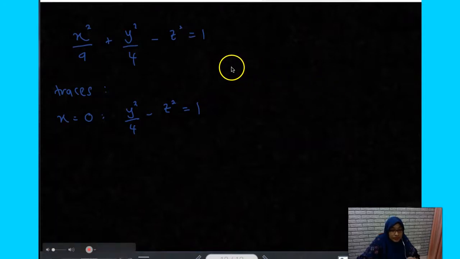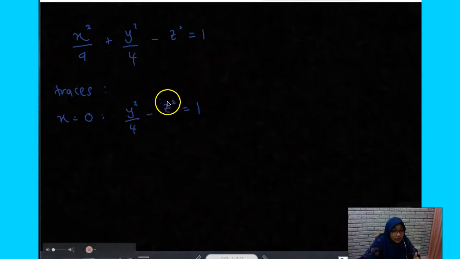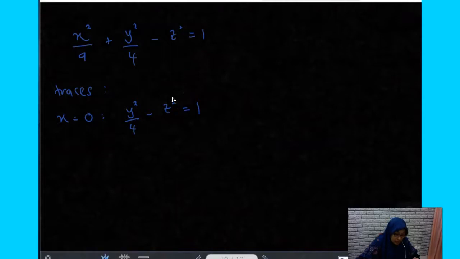Remember last time in part 1, the slide in part 1, I gave you the list of basic functions for single variable functions. So now what kind of function do we have here? This is hyperbolic, right? What is the general form of the hyperbolic function?